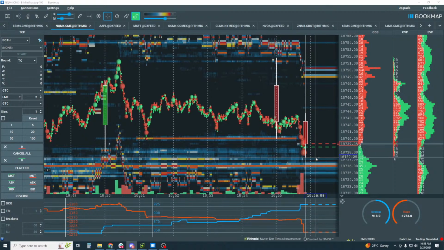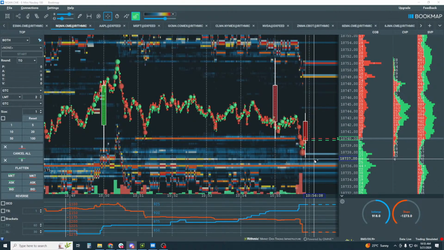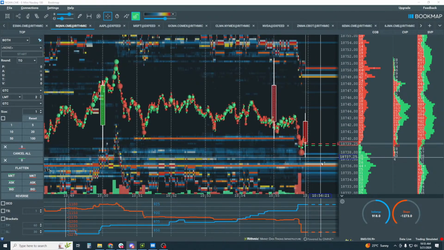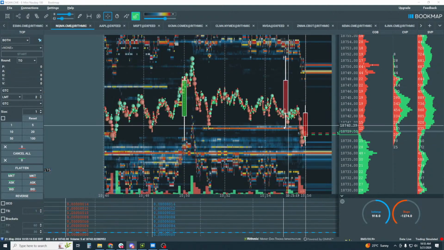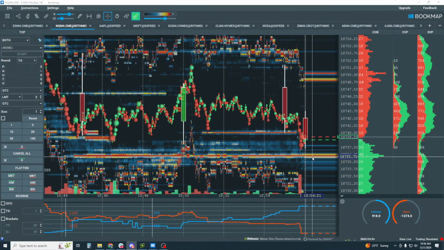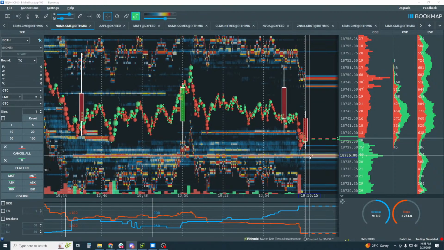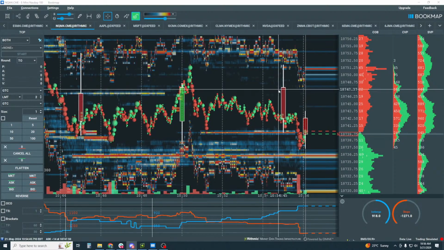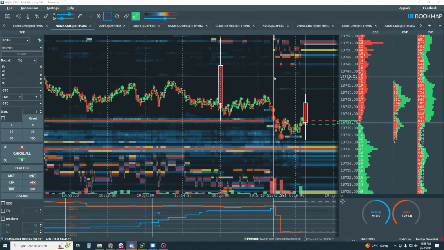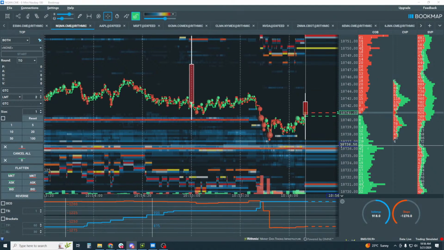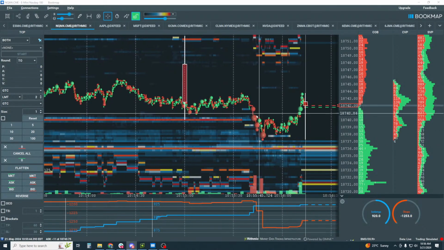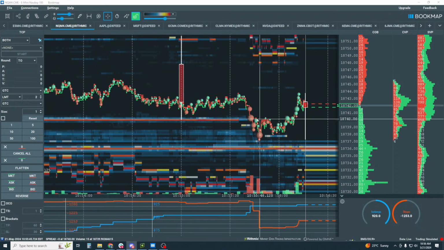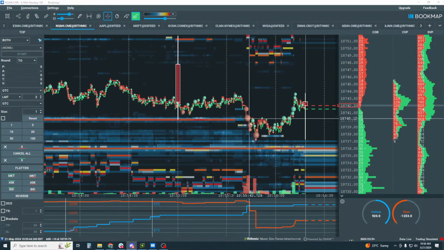We missed it. It's a little too quick in NASDAQ. But looking still for 36 here. Looking for maybe a low volume pullback in here after that move.